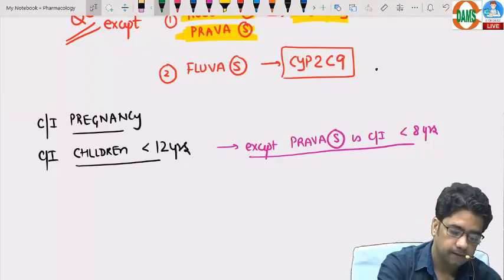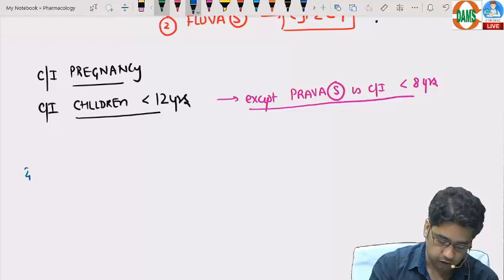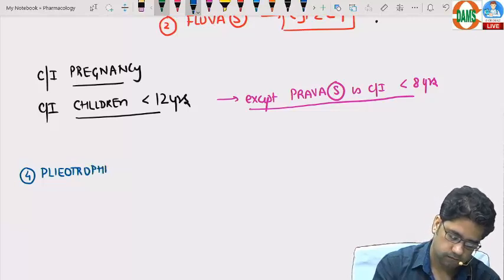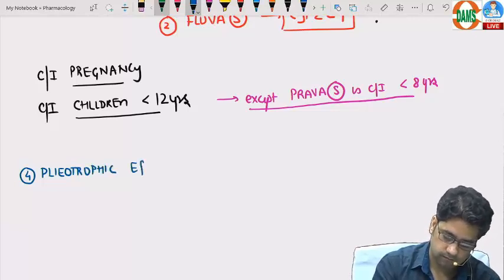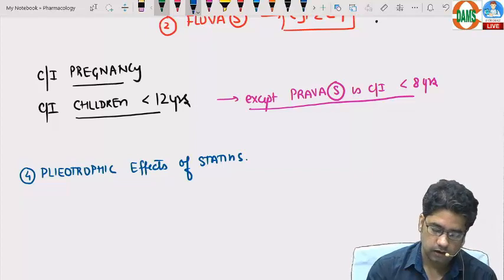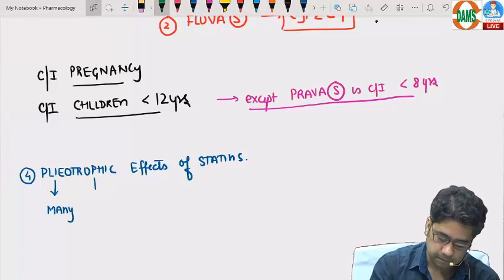Done. Last point with statin you will write is pleiotropic effects of statins. Pleiotropic means many beneficial effects of statin.